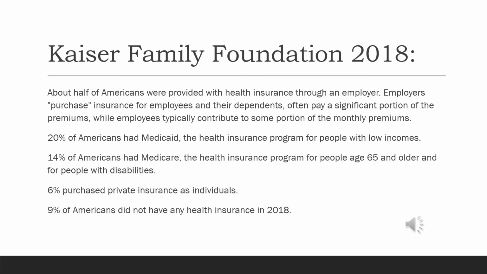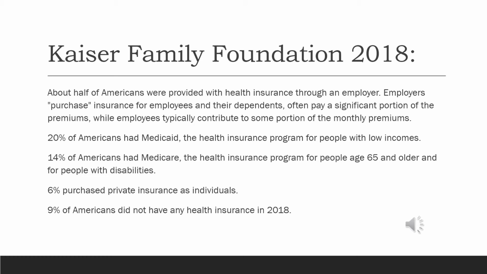I get a lot of the information from the links that I provide you in your notes from the eatright.org pages, and this is where I pulled some information from the Kaiser Family Foundation. In 2018, they published a study that revealed that about half of Americans got their insurance through their employers.